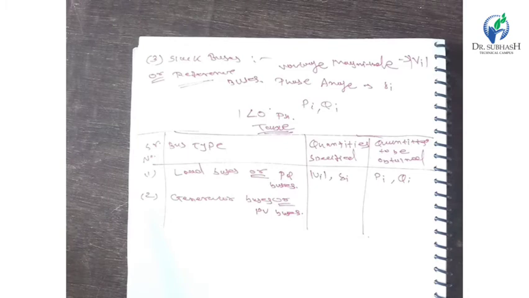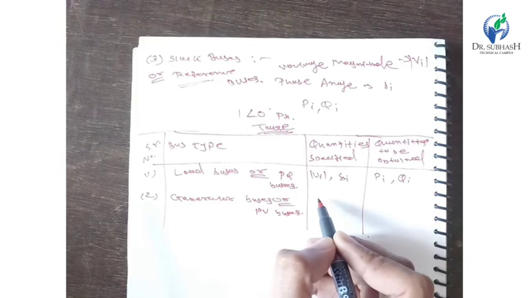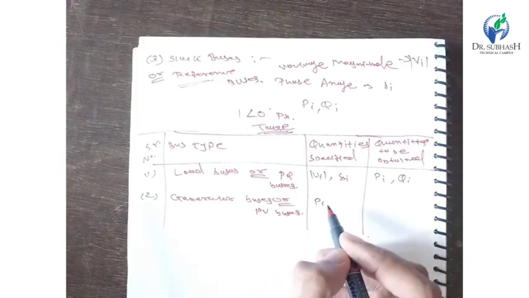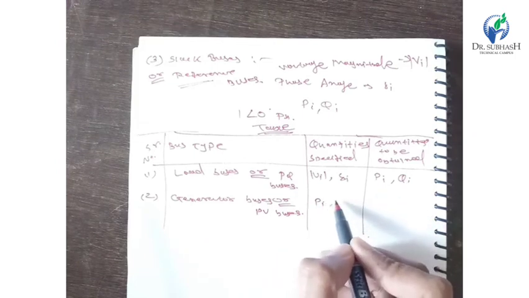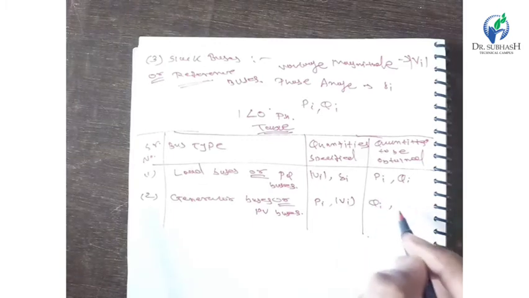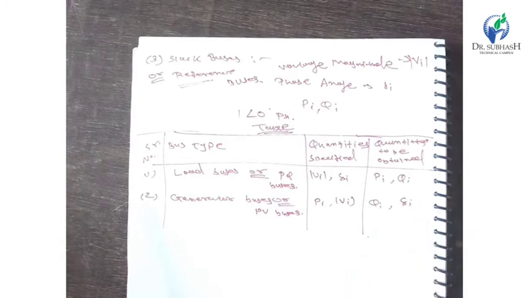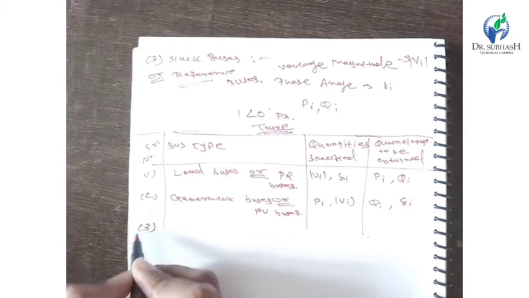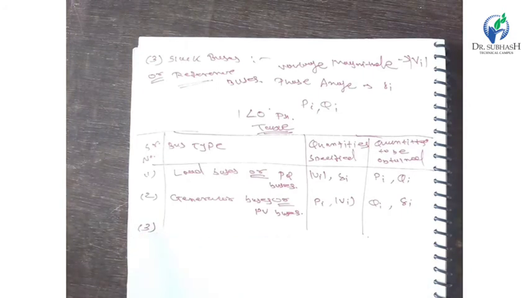The specified quantities are the voltage magnitude and active power, and the quantities to be obtained are the reactive power and the angle delta. The third one is the reference bus.